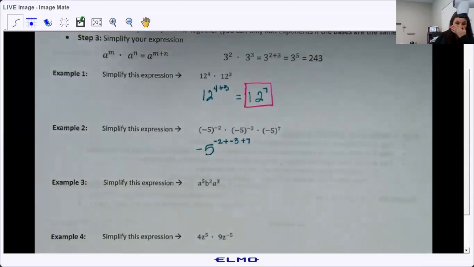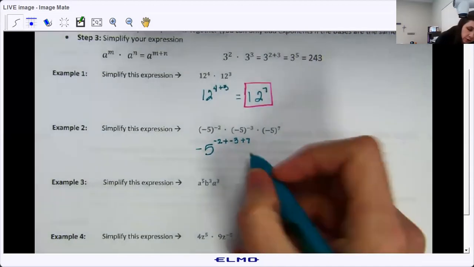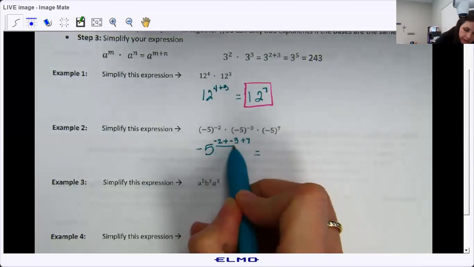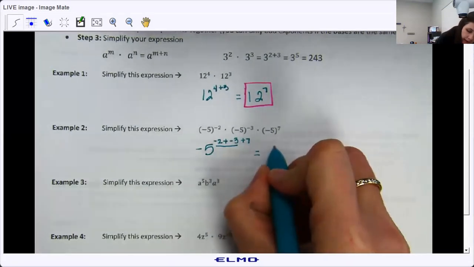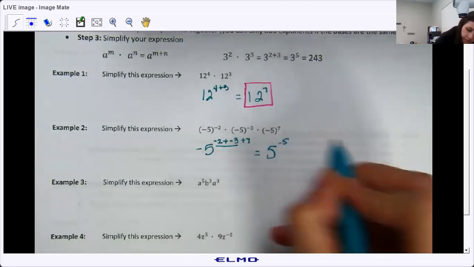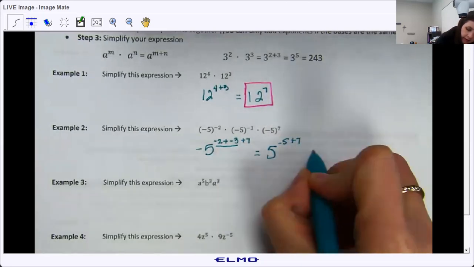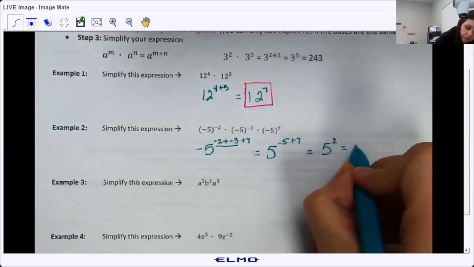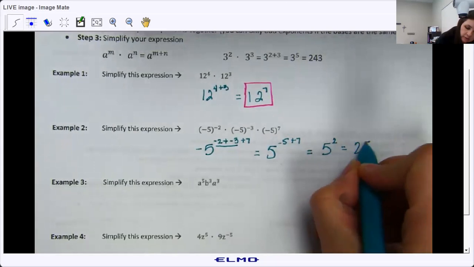And remember, when we're adding and subtracting, we go from left to right. So the first thing I'm going to do is take -2 plus -3, and I get -5, so (-5) to the power of -5 plus 7. Then I take -5 plus 7, and I get (-5) to the power of 2. And that is 25.